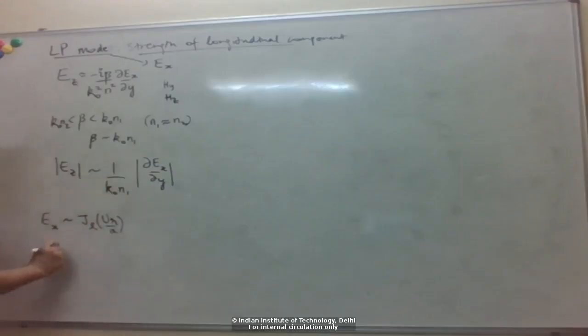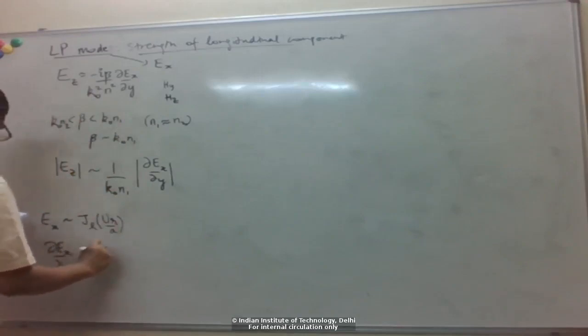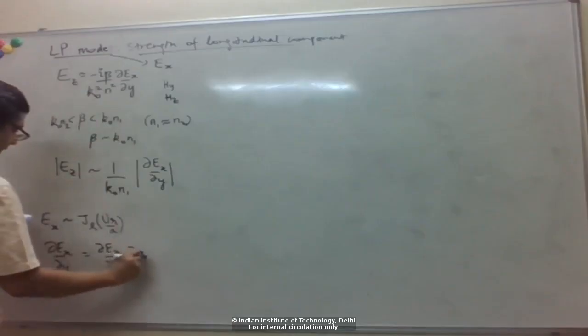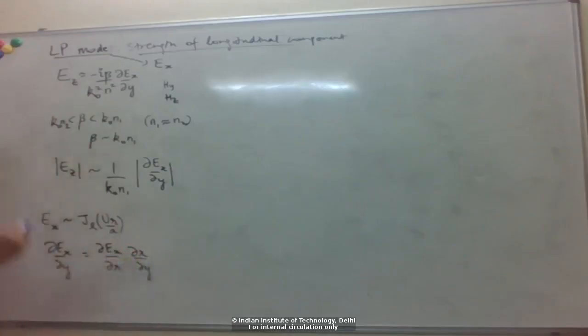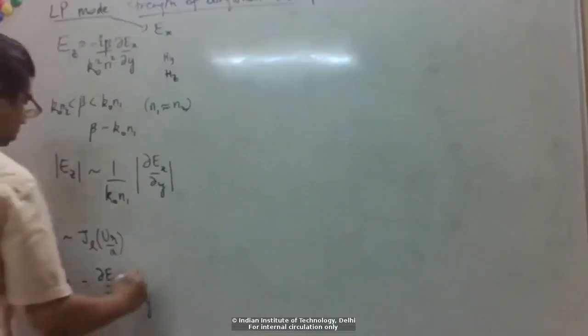Now if we take the derivative with respect to y, this is a function of the radial coordinate, so we can write it as a derivative with respect to r and then del r by del y.